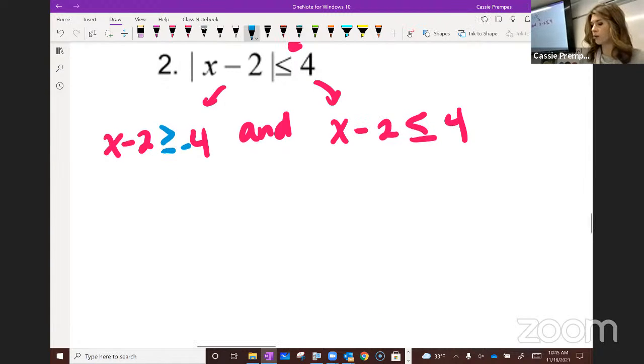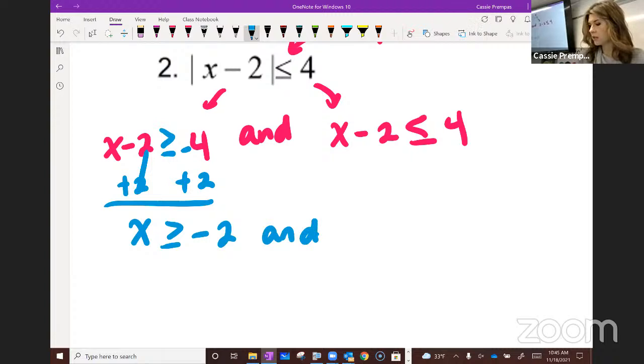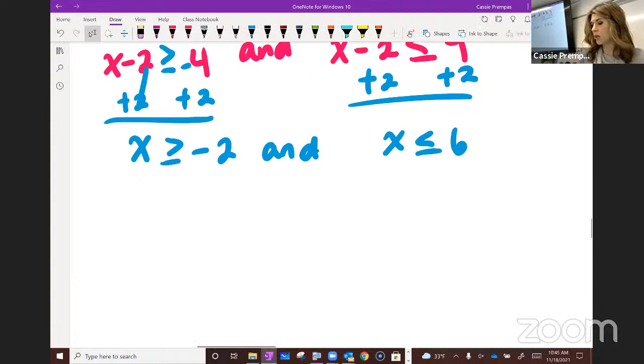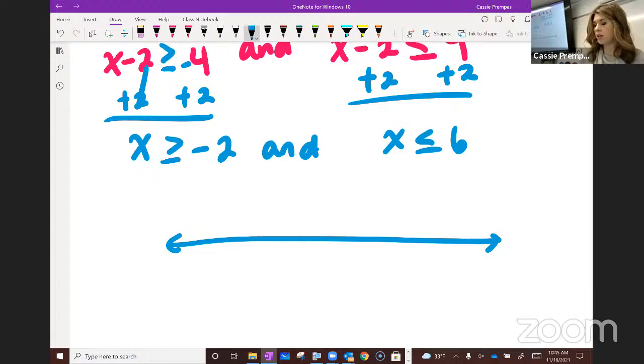And then solve for both. So we would add 2, and we have x has to be greater than or equal to -2, and add 2, x has to be less than or equal to 6. This is an and situation, so the values of x have to meet both conditions. So I'll draw a number line.